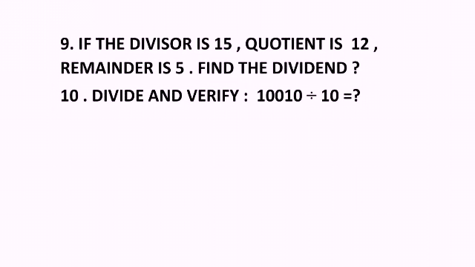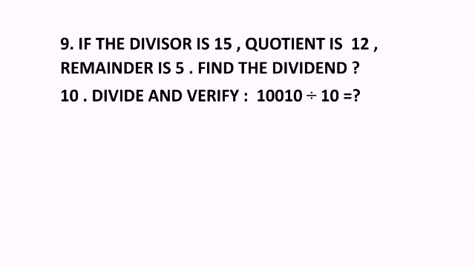Now, you know that there is a rule for checking a division result, that is, dividend equals divisor into quotient plus remainder. Here you need to apply this rule of checking division, and then you have to find out the dividend. Okay, the next question is divide and verify.